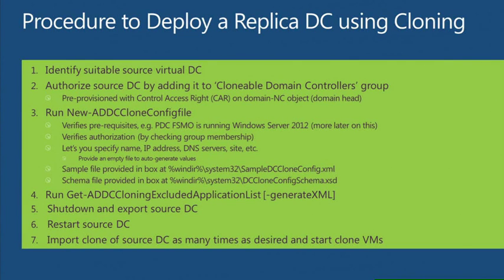So the FSMO roles are all cleaned up. If you're coming from a disaster recovery position and you need to set some of these machines to be a FSMO role owner, then that's something you'll have to perform. So I've talked about the excluded application list.